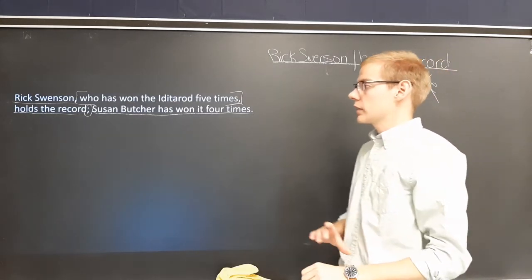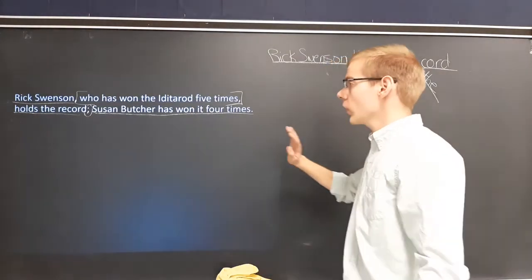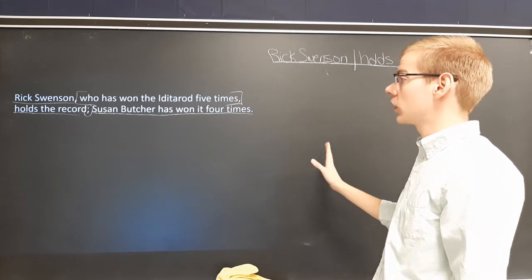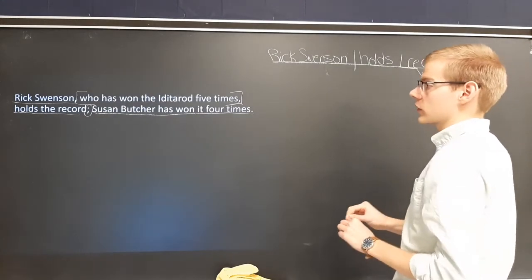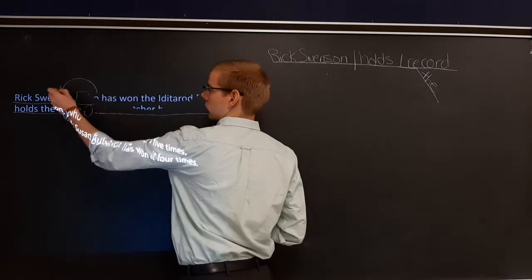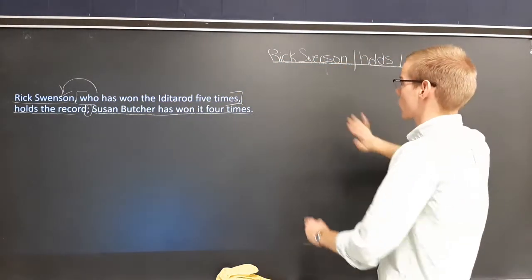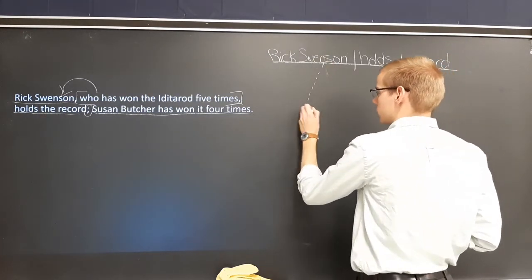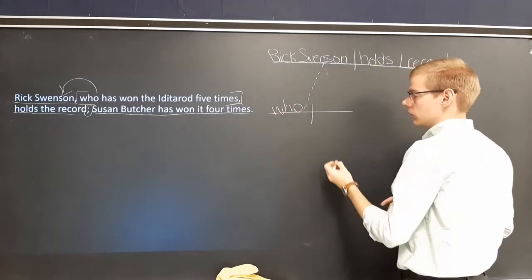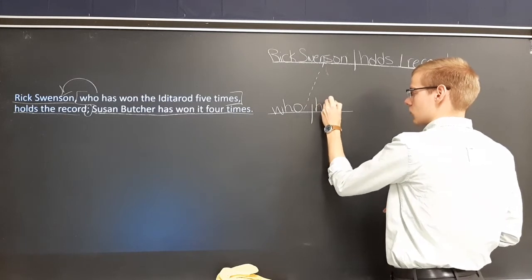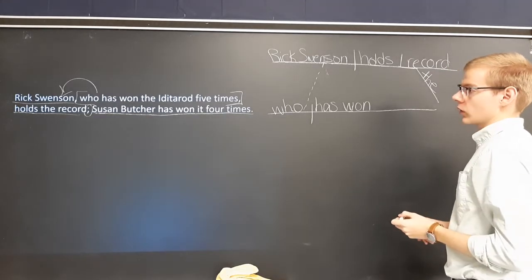Now, let's take care of our dependent clause. Who has won the Iditarod 5 times? So since it's an adjective clause, it goes from who to the word right in front of it. So Swenson or Rick Swenson. Who, compound verb, has won. Has won what?